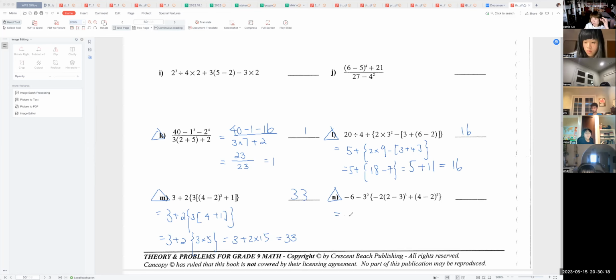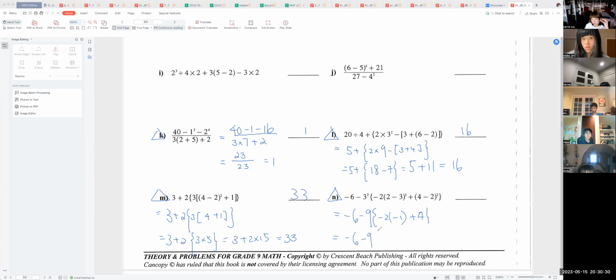Right? Negative 6 minus 9 times negative 2 times negative 1 plus 4 equals negative 6 times 9, equals negative 3. Nope, it's times. Opposite 2 plus 4.